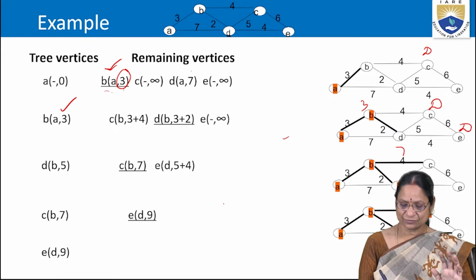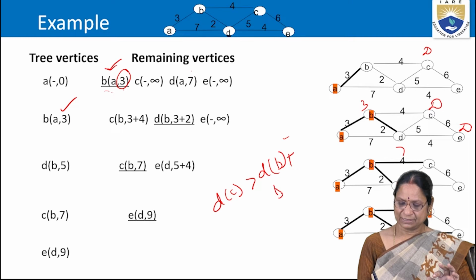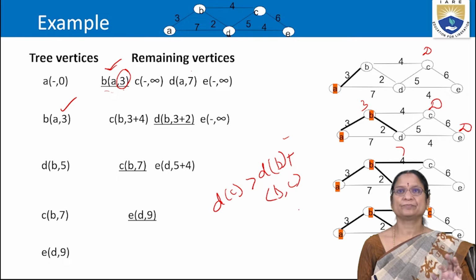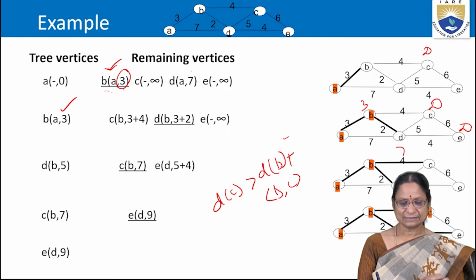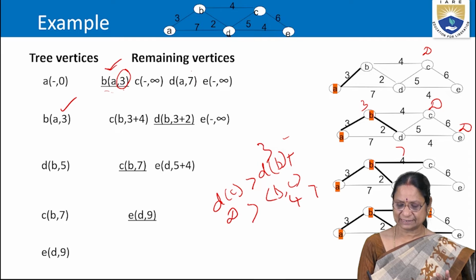That means if the distance of C is greater than distance of B plus BC edge weight. Distance of B is 3 we calculated and BC edge weight is 4. 3 plus 4 is 7. Infinity is greater than 7.